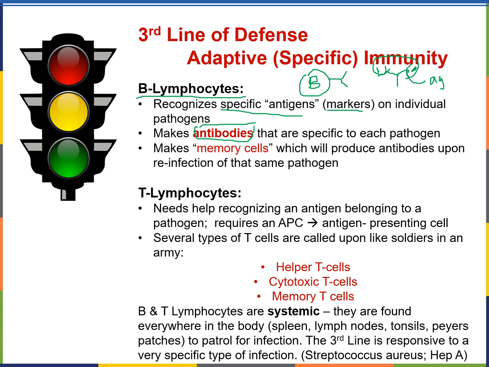So the antibody molecule for a B cell is considered the B cell receptor. It's a receptor that binds antigen.